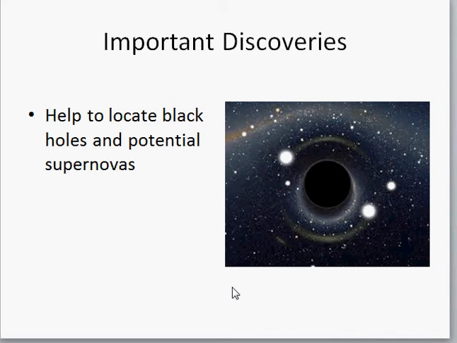So a way to detect where black holes, for instance, are is by using the radio waves to find a means of knowing where in space a black hole is, or where a potential supernova could happen to create another black hole.